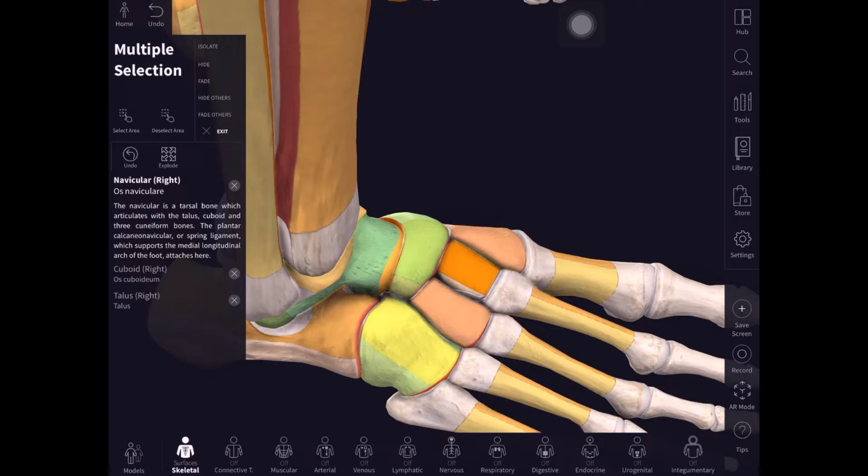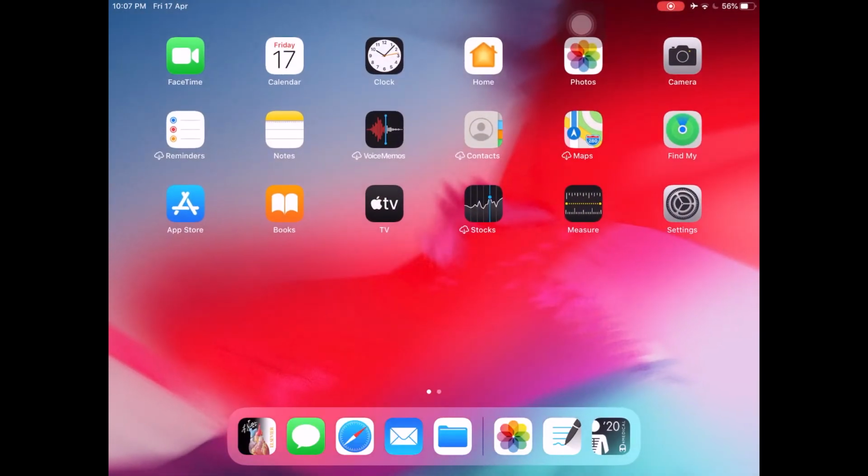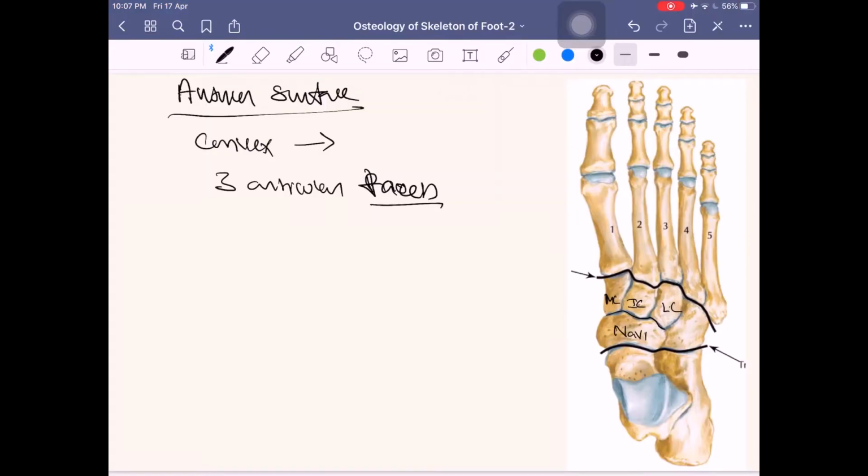These 3 are the cuneiform bones articulating with the navicular. So that's about your 3 facets for 3 cuneiforms anteriorly, as simple as that. Among all the 3 facets, the facet for the medial cuneiform will be the largest in size.